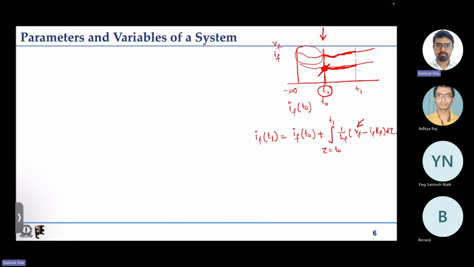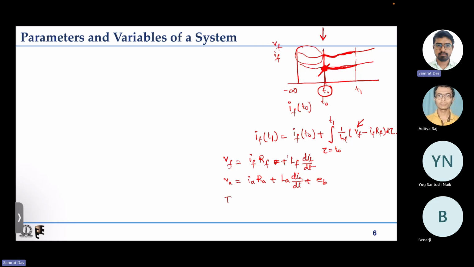So if I try to write down the equations of the DC machine, the first equation, the field equation, is VF equal to IFRF plus LF dIF/dt. The second equation is VA equal to IA RA plus LA dIA/dt plus EB.